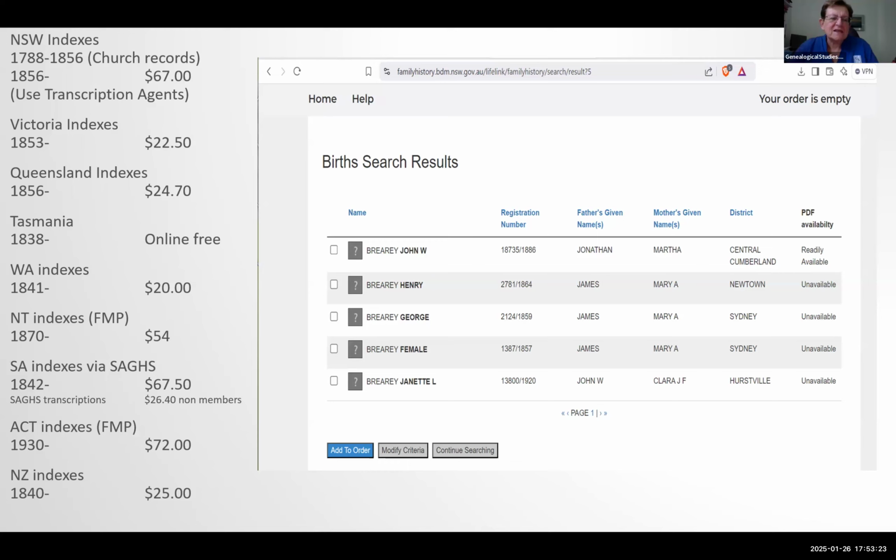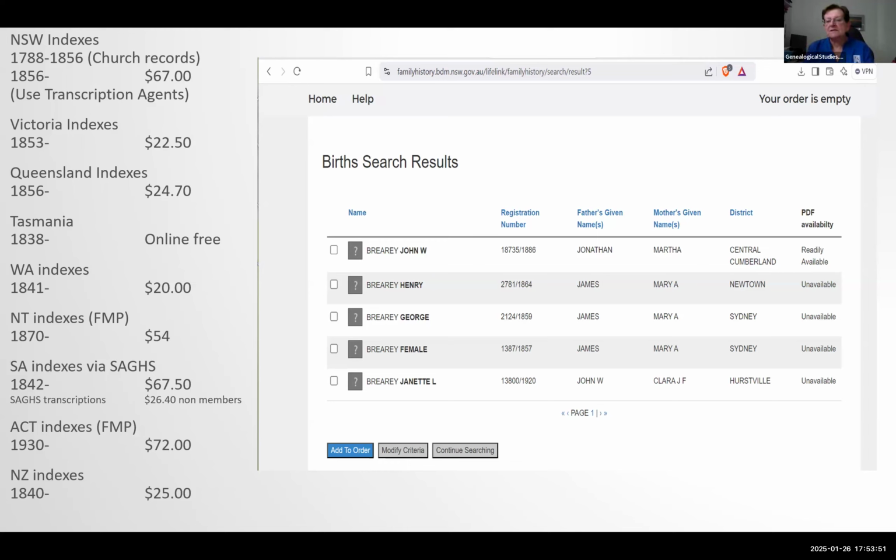Over the side, you'll see I've put the relative costs of the certificates. Victorian indexes, the PDF will cost you $22.50. Queensland indexes, $24.70. Tasmania, wouldn't you love having ancestors living in Tasmania? All of their early births, deaths, and marriages are online for free.